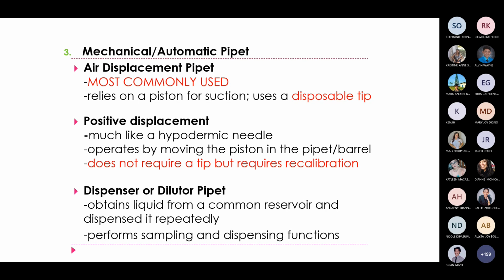And ano yung mga nakikita natin na mga naka-box, di ba, na may yellow and blue? Ang tawag doon yung pipette tips or the disposable tip. And the disposable tip or yung plastic pipette tips, it is made up of polypropylene. Yun yung pagka-plastic niya.